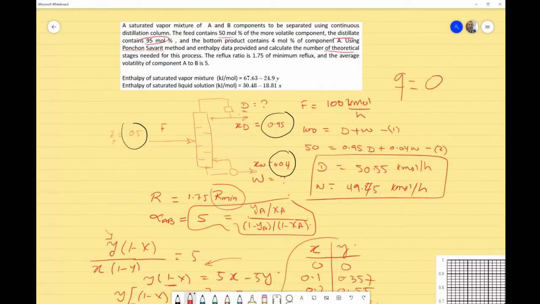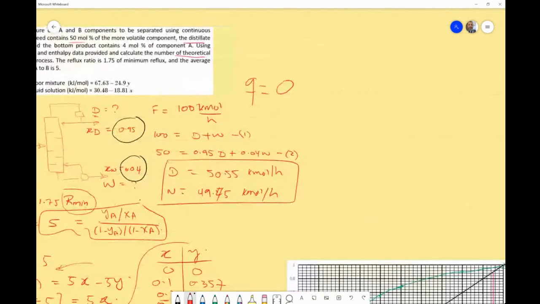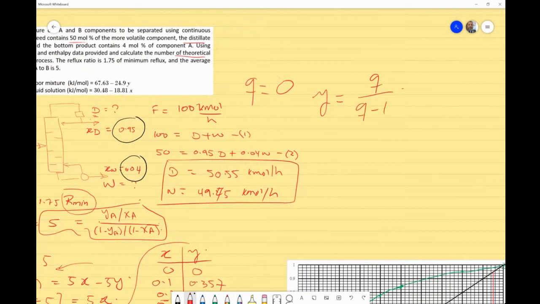That means the slope should be what? Slope of the Q line. Do you remember the Q line? It's equal to Q over Q minus 1 x minus x feed over Q minus 1. So the slope here is 0.